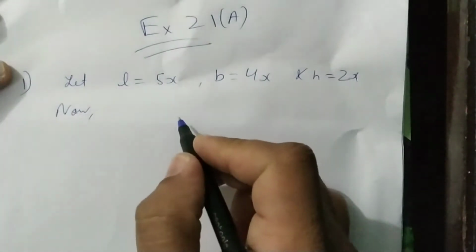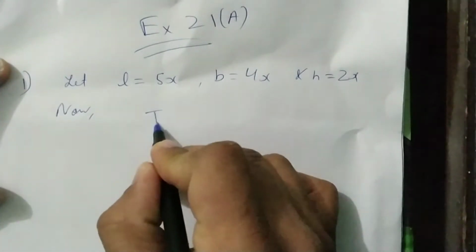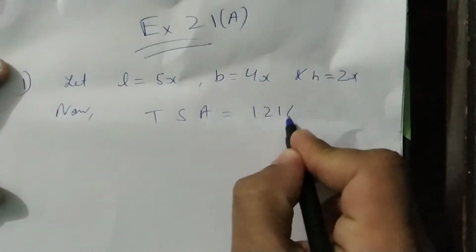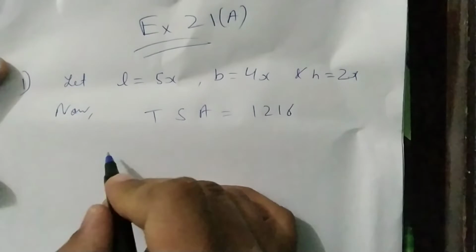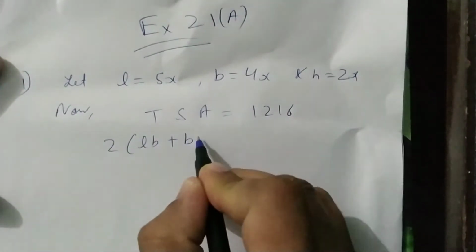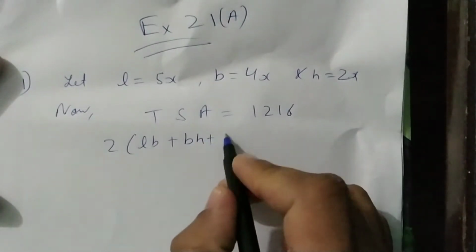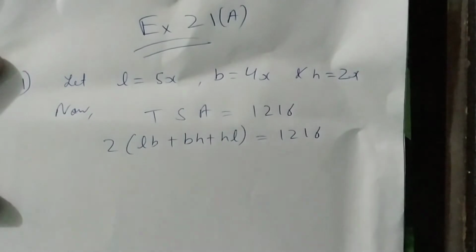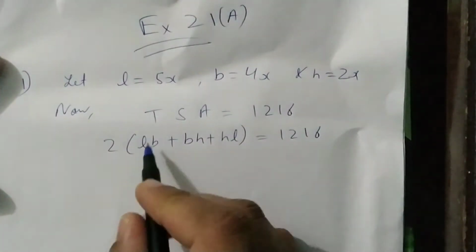Now total surface area is given. Total surface area is 1216. What is the formula of total surface area? 2 (length into breadth plus breadth into height plus height into length). This is equal to, now put these values.